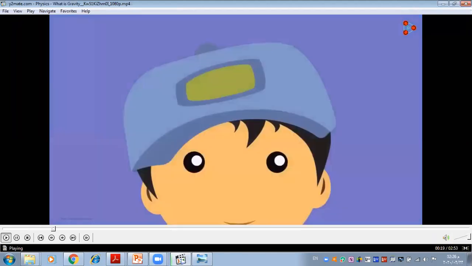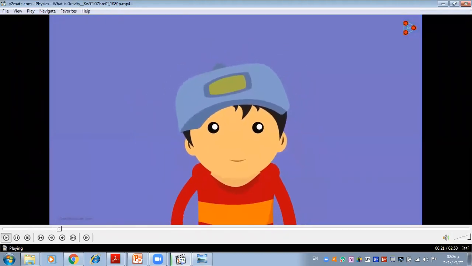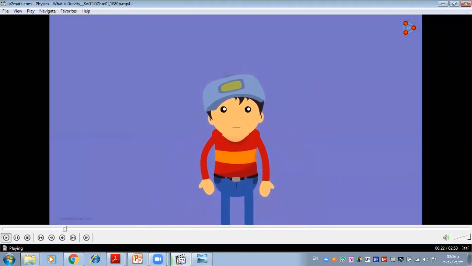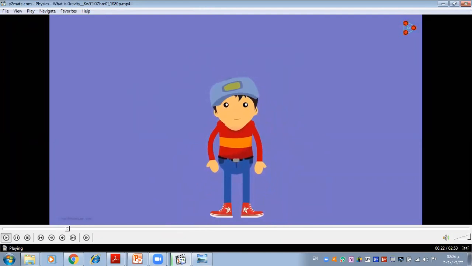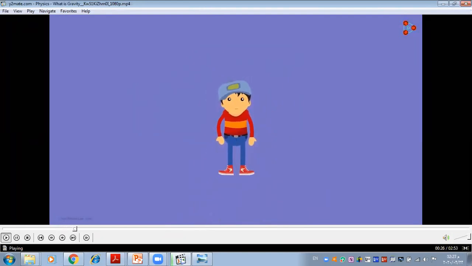Ask anybody around you this simple question: what is gravity? And what you probably hear is, it's something that pulls objects towards the earth, or it's a force exerted by the earth to pull objects towards it. Now, before we get to the basics of gravitation, there is one thing I want you to understand well. Rather, there's one thing I want you to forget.